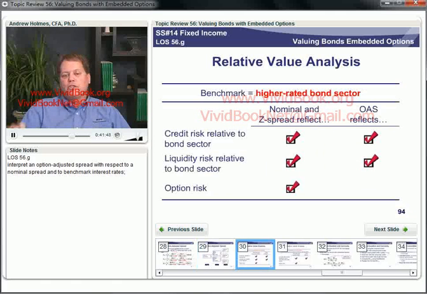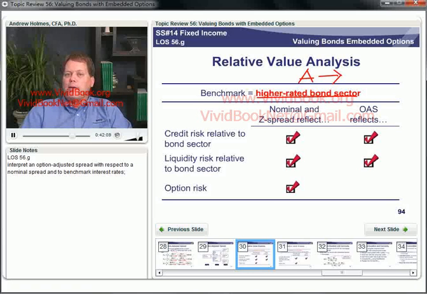All right. So one more look at these benchmark things, and then we can talk about some duration measures and then convertible bonds, and we'll be done with this reading. So here, if the benchmark is a higher rated bond sector, so we're looking at a single A bond and we are going to compare that to a higher rated sector.